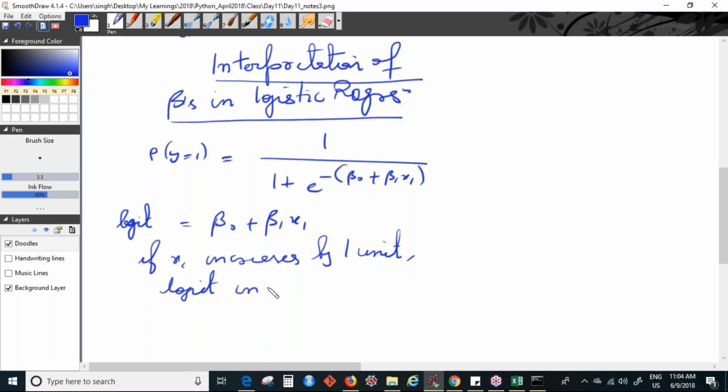You will talk about logit now, because logit has a linear relationship, but you cannot talk the same about probability because the relationship is not linear. So you cannot say that if x1 increases by 1 unit, my probability of y will increase by beta 1 units, because they are not linear. So this is what you will have to interpret. Okay, is this clear, guys?